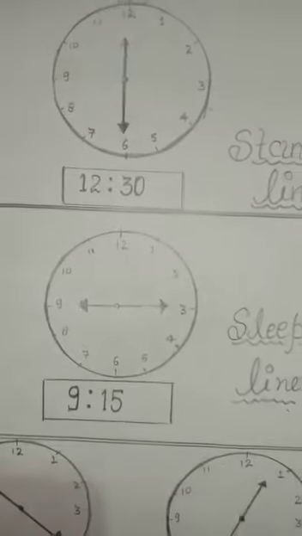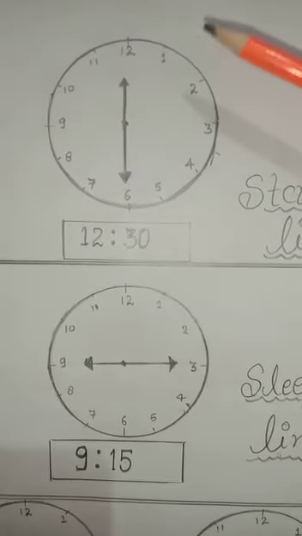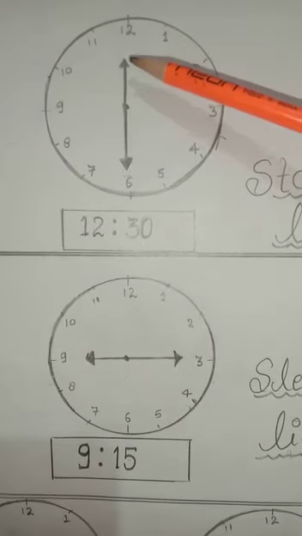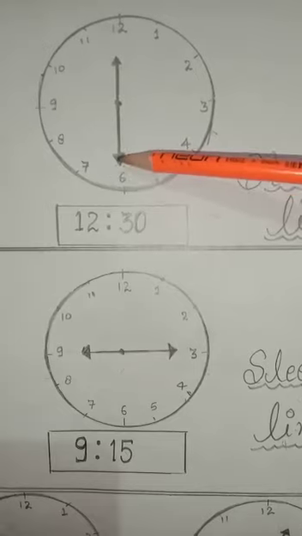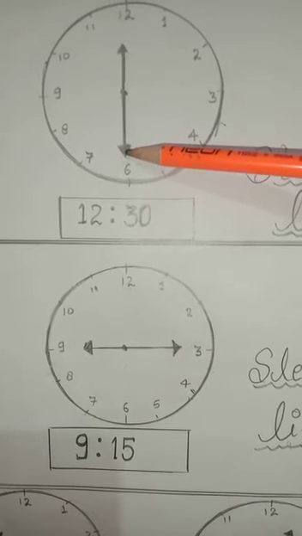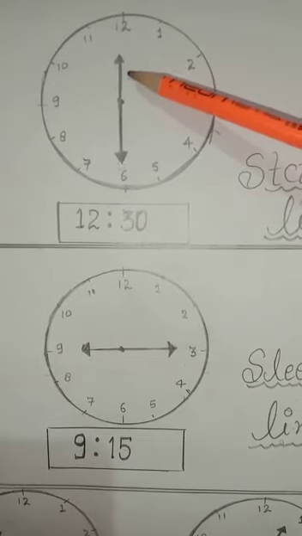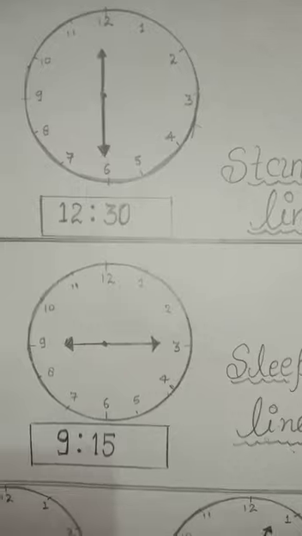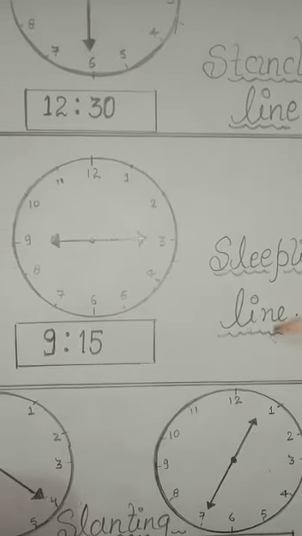First of all, the example of standing line. In this watch, the hour hand is on 12 and the minute hand is on 6. So the time is 12:30 and they become a standing line. Right, now come to the second, sleeping line.